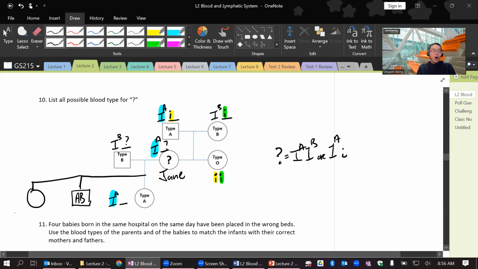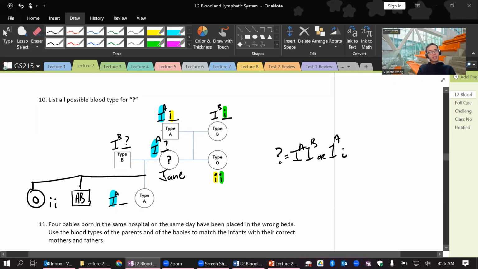We wouldn't know if the person is IB little i. If the person is type B blood, then it could be IB IB or IB small i. So having another child that's type B blood will not help us determine definitively. Okay, and then I see people typing O, and I heard someone say O as well, and that would be correct. If they have another child that's type O blood, then it means the child is little i, and that guarantees she's going to be IA small i.